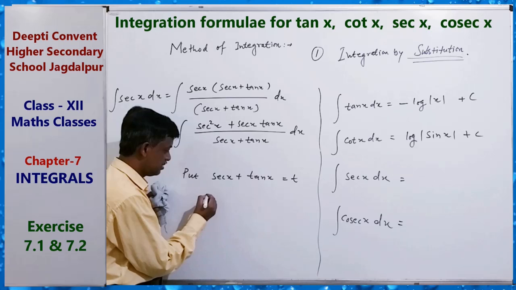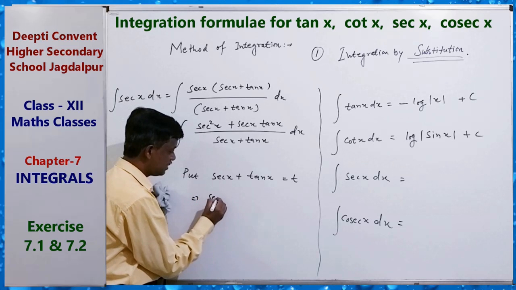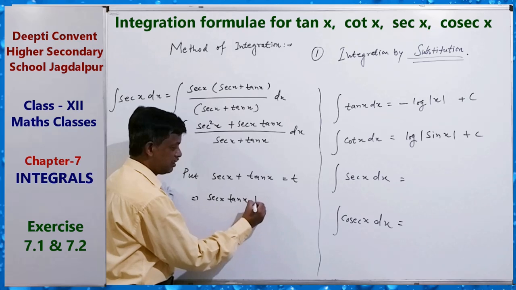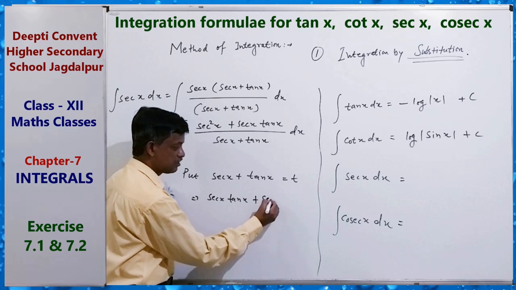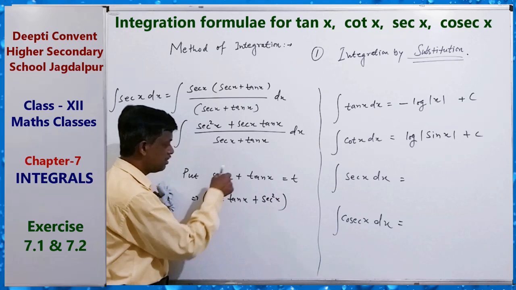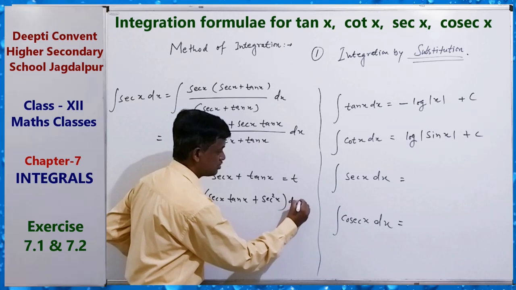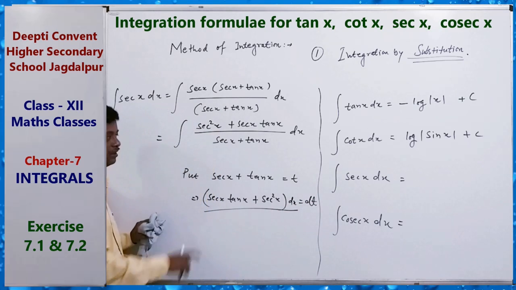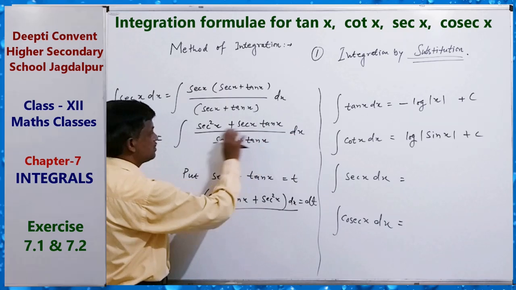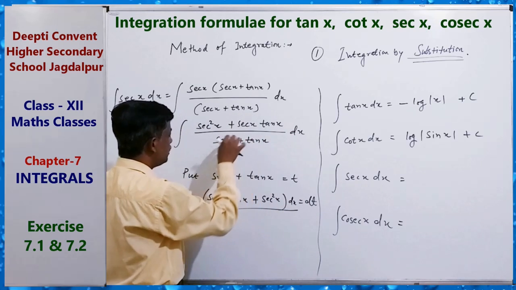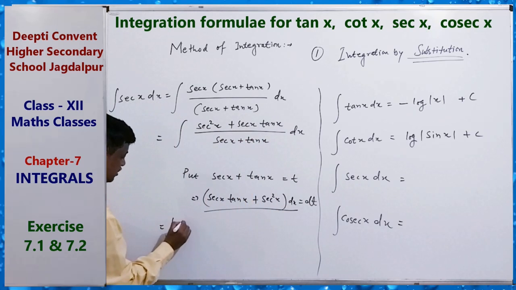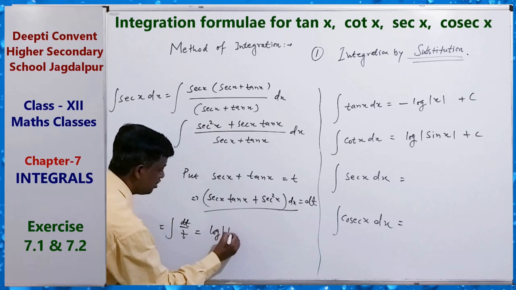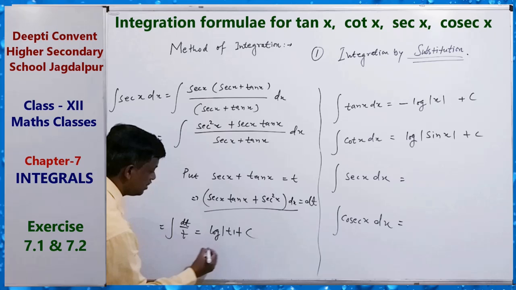Sec square x. That is derivative sec x tan x plus its derivative, sec square x. This is derivative of this into dx equals to dt. This is present here, sec square x plus sec x tan x dx. So this is equals to dt, dt by t, that is what? Log of mod t plus c.